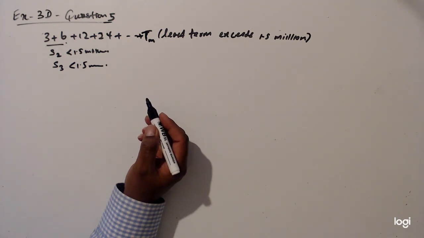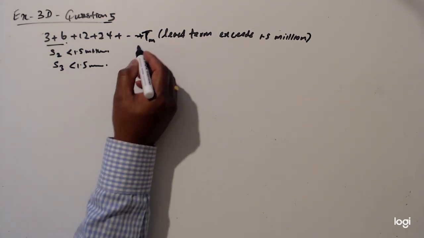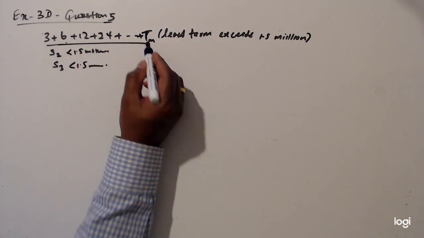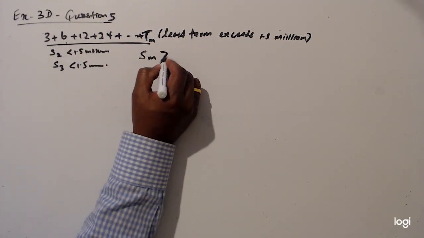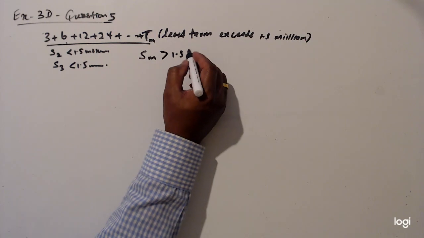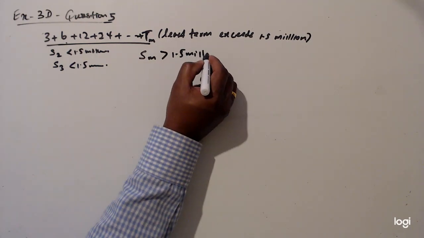So we need to find a term. So when you add up to that term, that is Sm should be greater than 1.5 million.